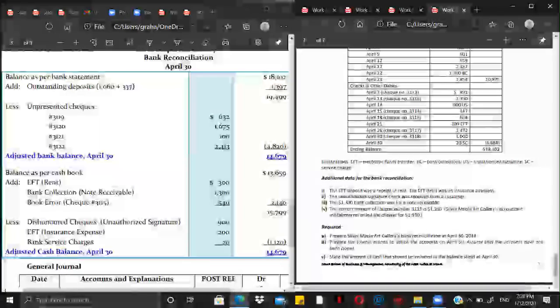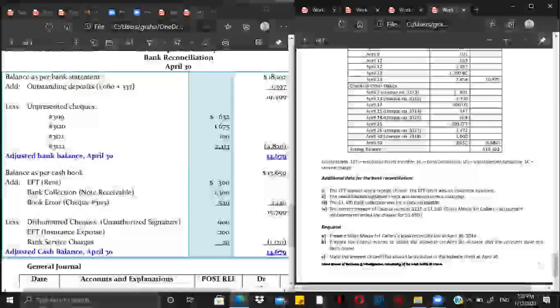As I was saying, this unauthorized check, dishonored check, bounced check, same thing, right? We received this check for $900, but it turns out that we did not get to cash this check because we can't send through a check with a signature that does not match the person's name on the account.